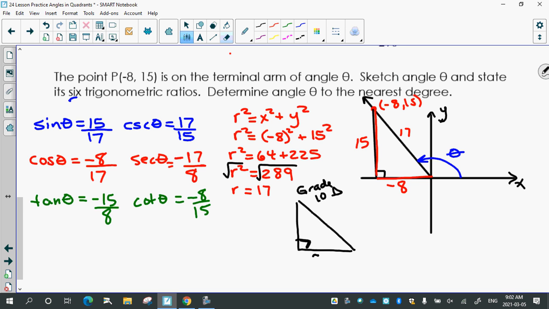So all my sides are positive. And we want to find this angle, and this angle here is not theta. So it has a name in grade 11. It's called alpha, which looks like a little fish. Like that's alpha.